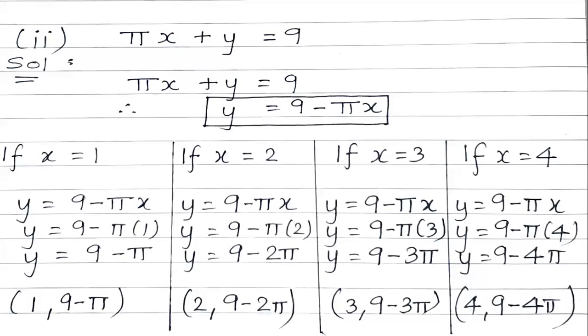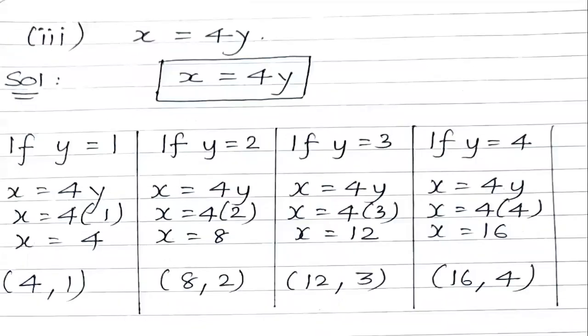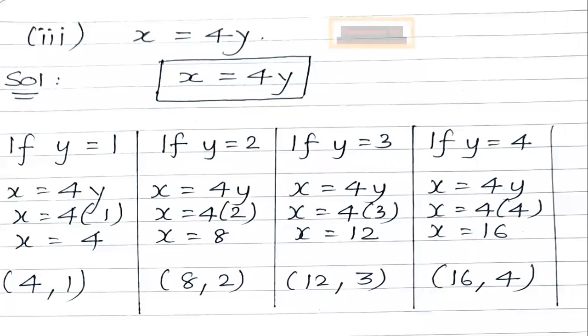Let us quickly get to the third question, which is x is equal to 4y. Now, my dear students, x is equal to 4y. It's very simple. All that I shall be doing in this case is replace y.